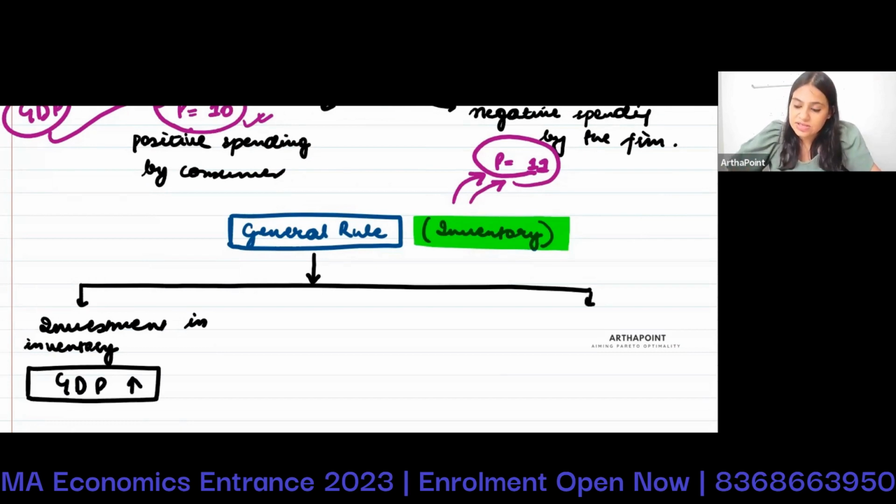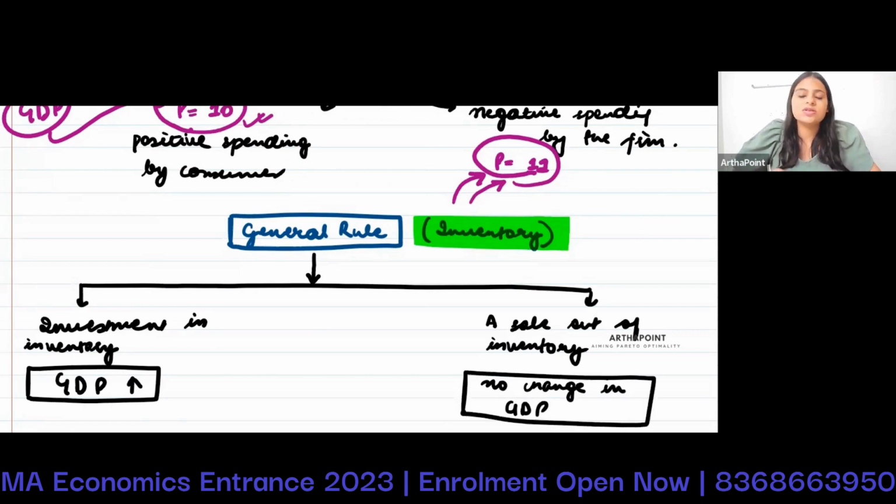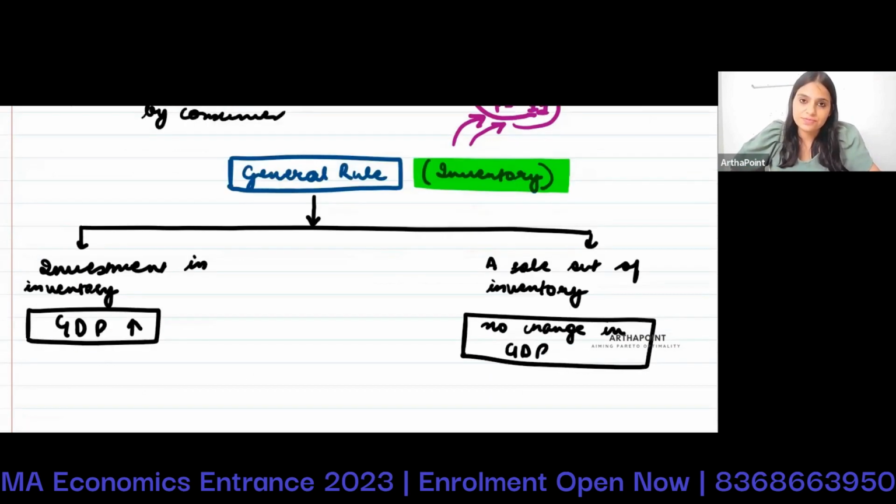But if there is a sale out of inventory, then inventory was already added earlier, so there will be no change in GDP. This is the general rule that we have.